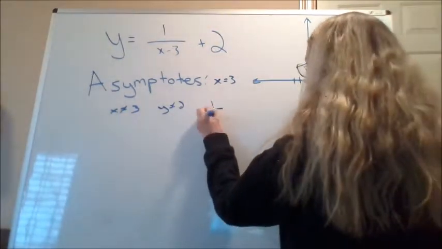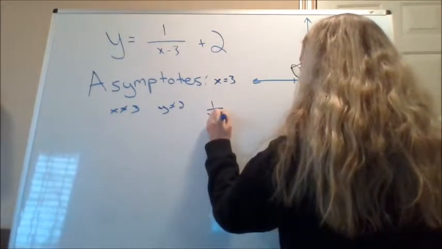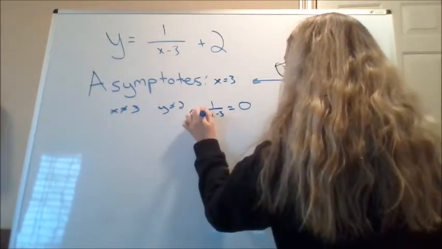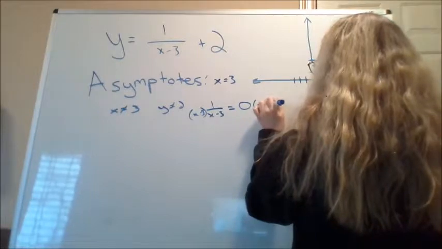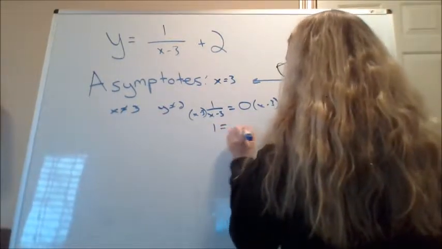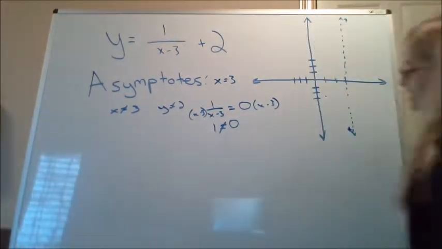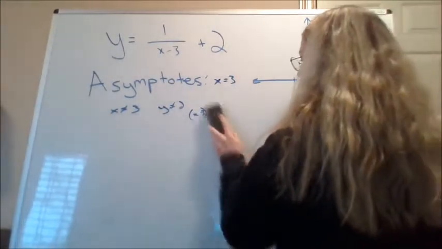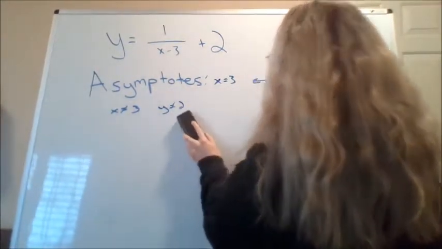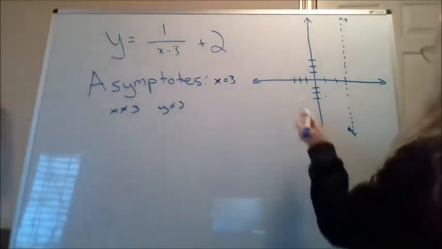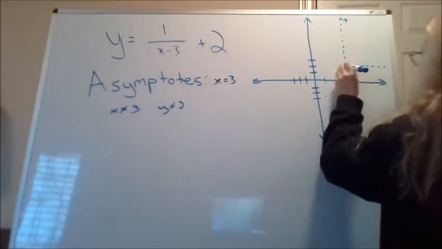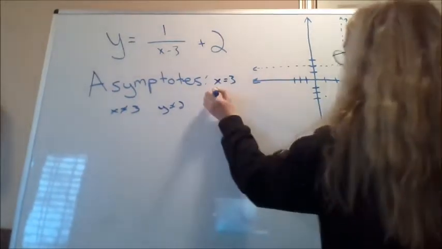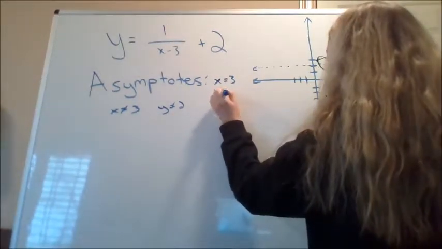This is shown because if we set 1 over x minus 3 equal to 0 and multiply both sides by x minus 3, we get 1 equals 0, which doesn't make any sense. So we know that we have a horizontal asymptote at y equals 2. So here is our horizontal asymptote at y equals 2.